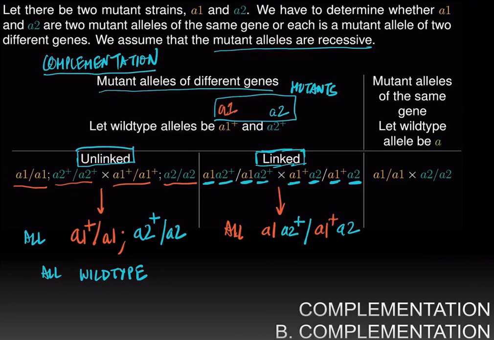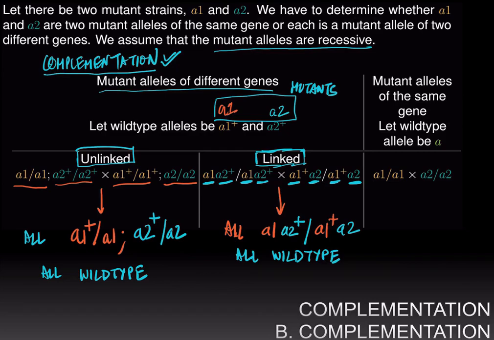And since the wild type alleles are dominant, which is usually the case, all the progeny are once again going to be wild type, and the two mutant strains are said to complement each other.